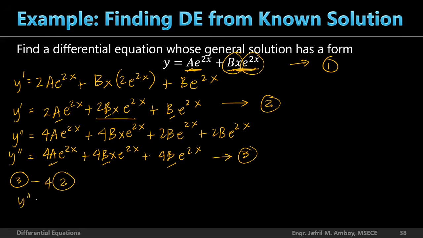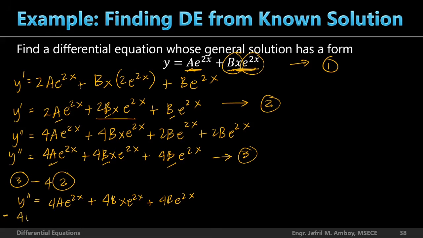Y double prime equals 4a e to the 2x plus 4b x e raised to 2x plus 4b e raised to 2x. And then minus 4 times ng equation 2. So I multiply this entire expression by 4.